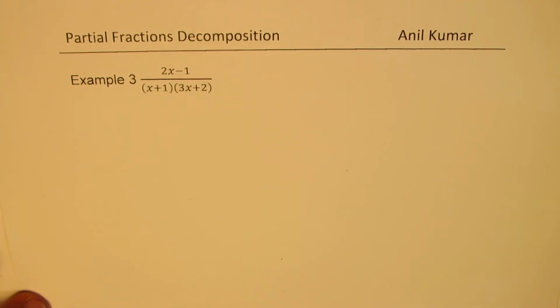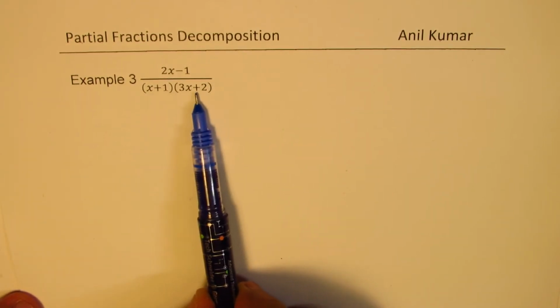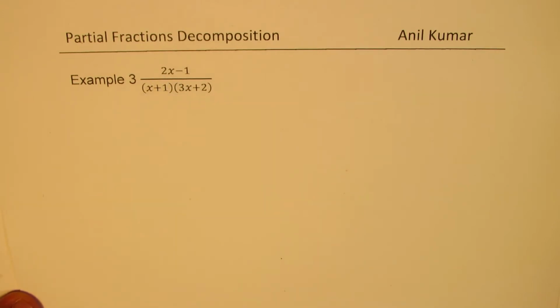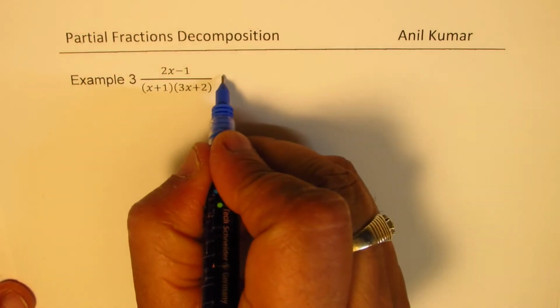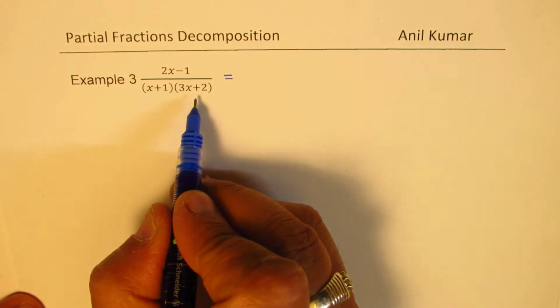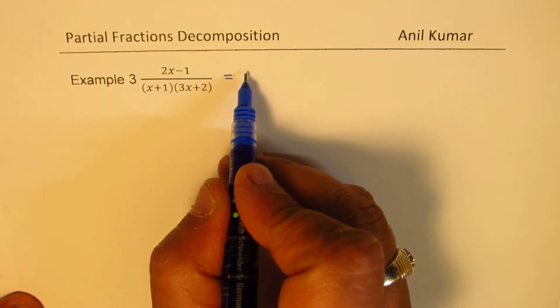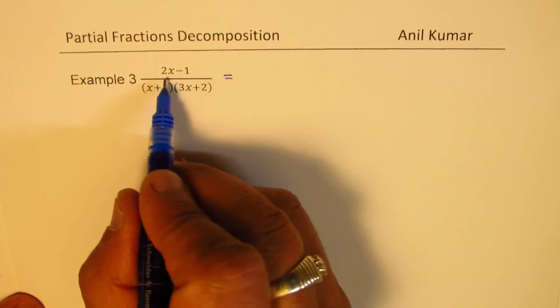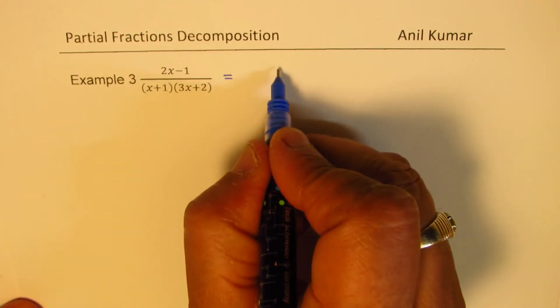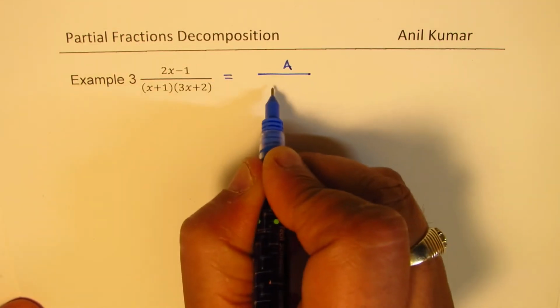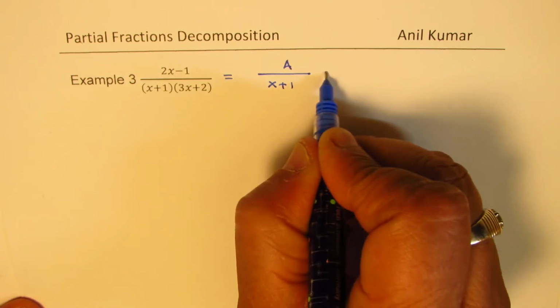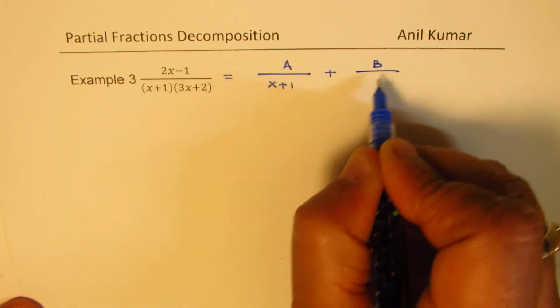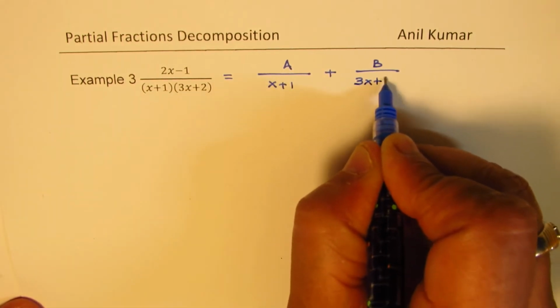Now in this example, we have factored form in the denominator, numerator is 2x minus 1. So again, whenever there is a linear factor in the denominator, numerator can be only a constant, right? So remember this. So this could be written as a constant over x plus 1 plus b over 3x plus 2.